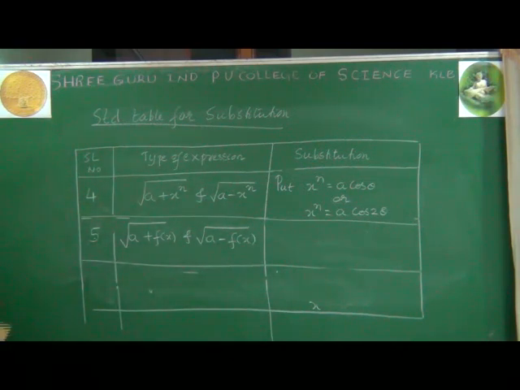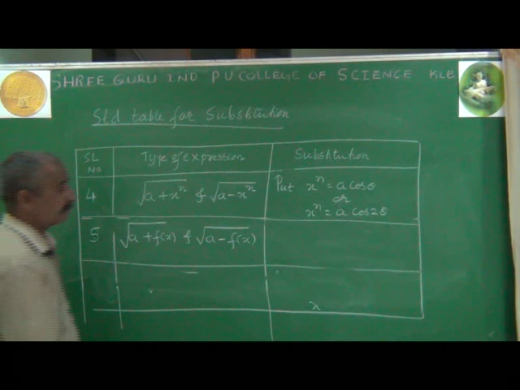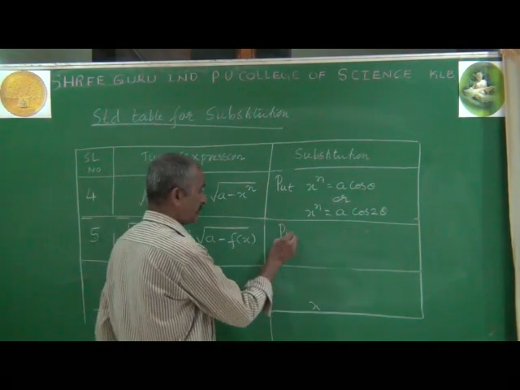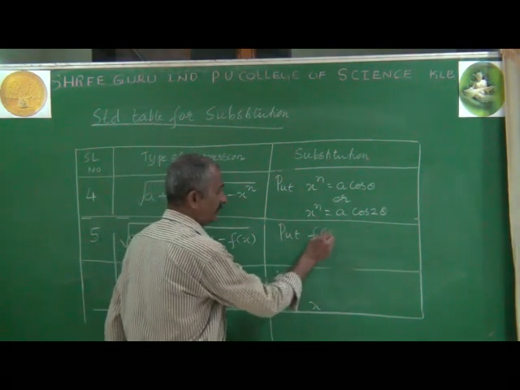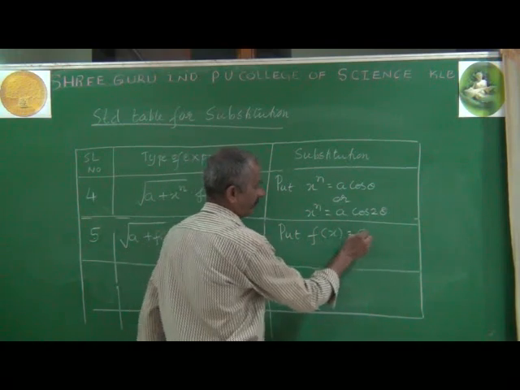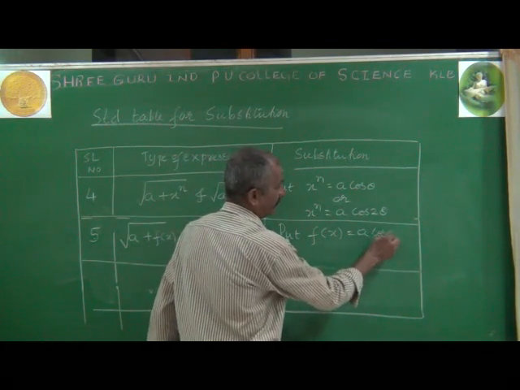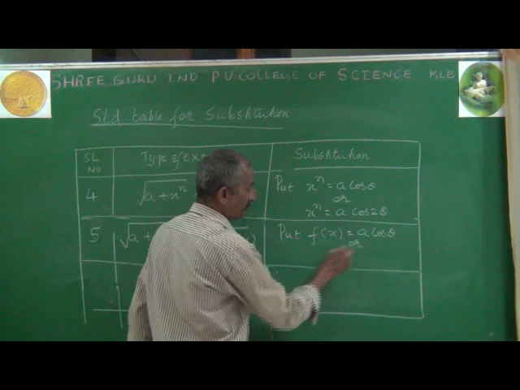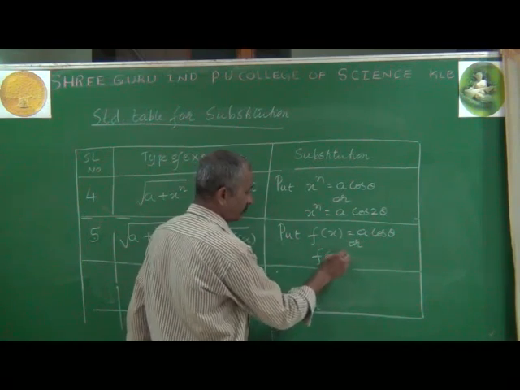We can think of this as an extension of the earlier type. The earlier one was particular, this is general. Now here you have to put the entire f of x. Put f of x equal to a cos theta, or put f of x equal to a cos 2 theta.